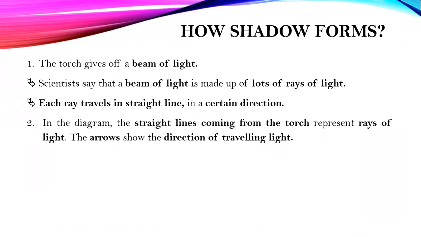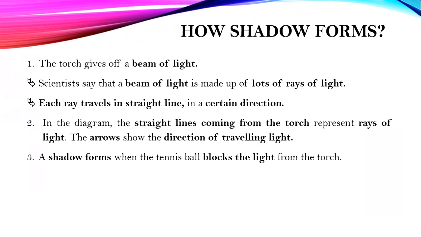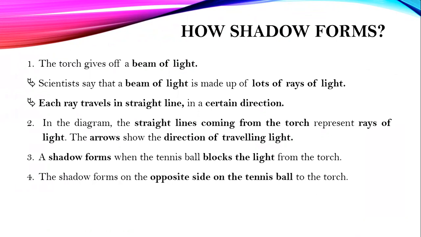They represent rays of light, and the arrows show the direction of traveling light. A shadow forms when the tennis ball blocks the light from the torch. The shadow forms on the opposite side of the tennis ball to the torch. The shadow is cast on the wall.